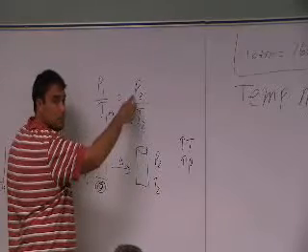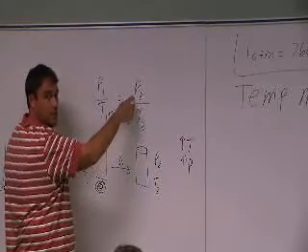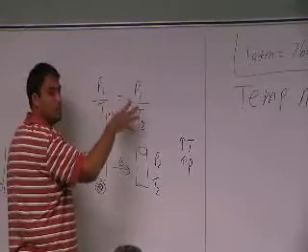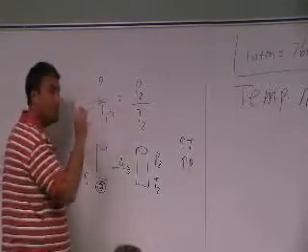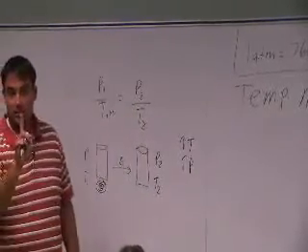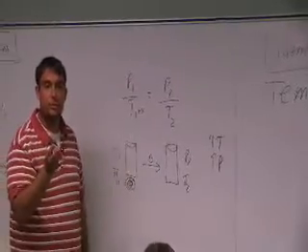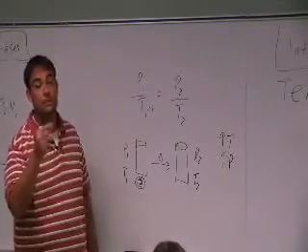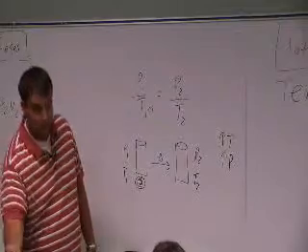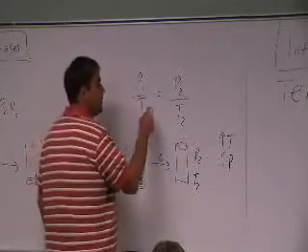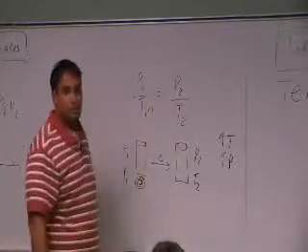Negative, period. Do you see that? Because this is just multiplication and division. If one thing is the only thing that's negative, how do you get rid of a negative when you multiply or divide? You have to multiply or divide it by another negative. So what does that mean? That means you got a negative pressure.